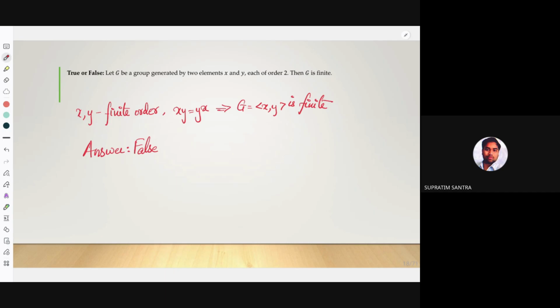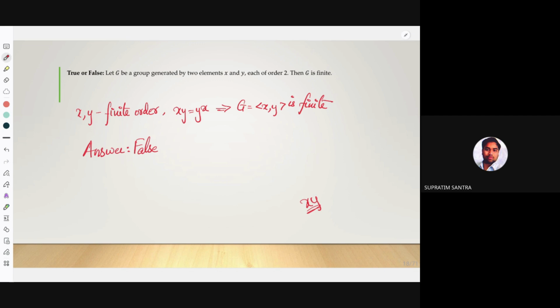But whenever we are generating a group by two elements, say x and y, we always have to look at the element xy. We know that if x and y are elements of finite order, xy need not be of finite order, and the example always given is in terms of matrices.